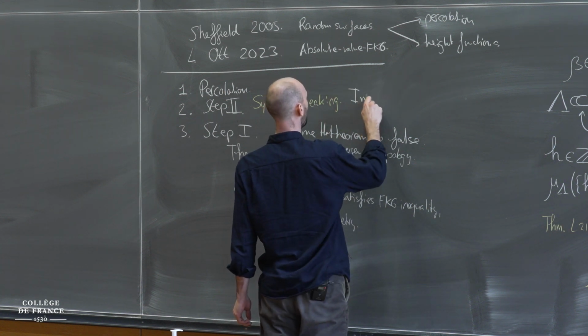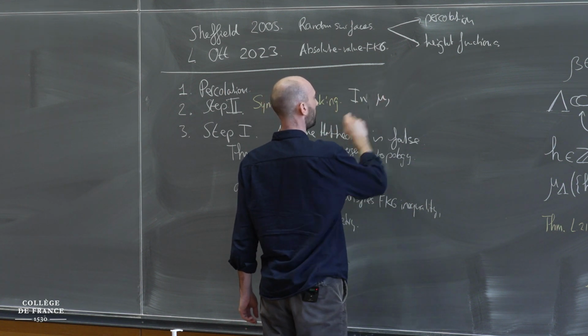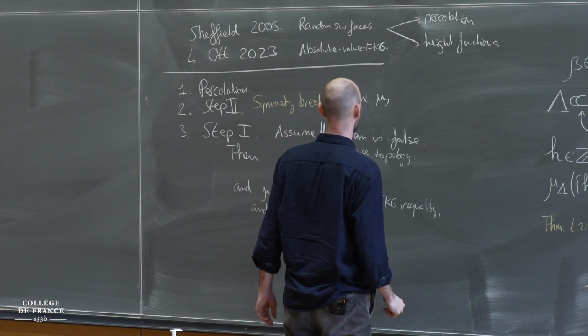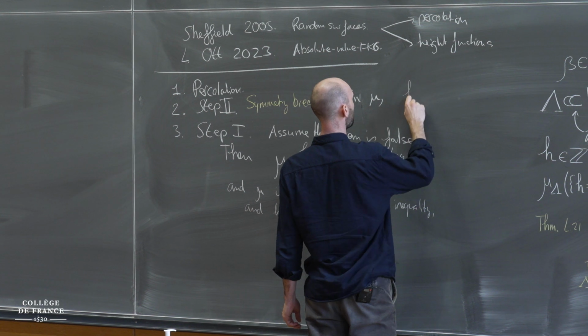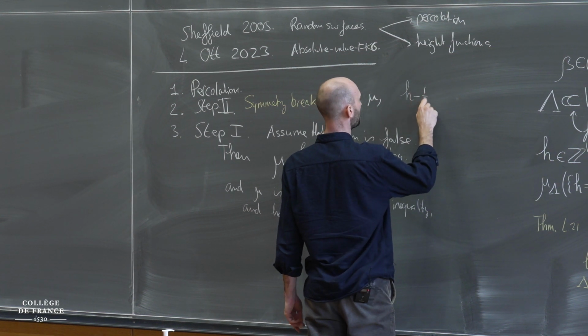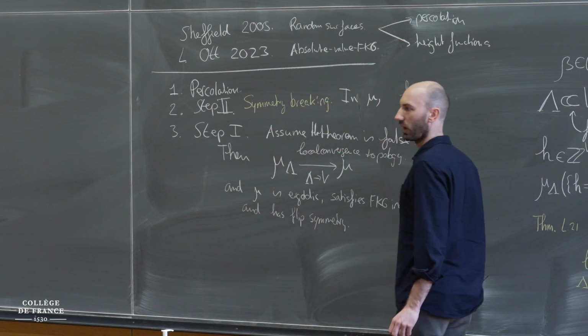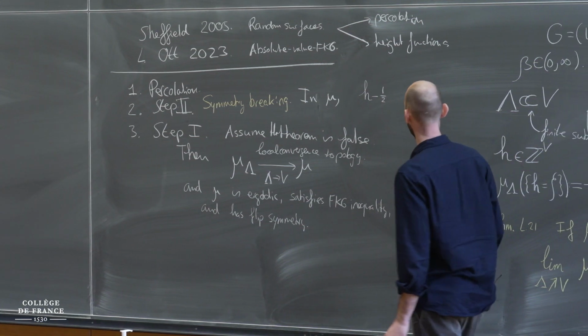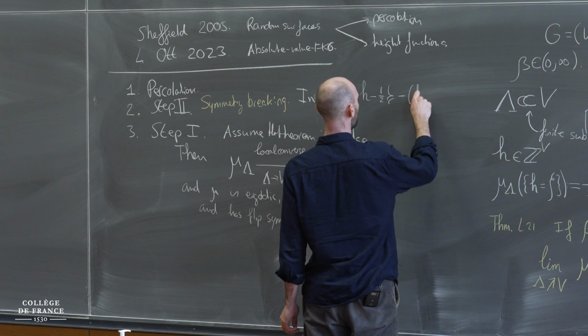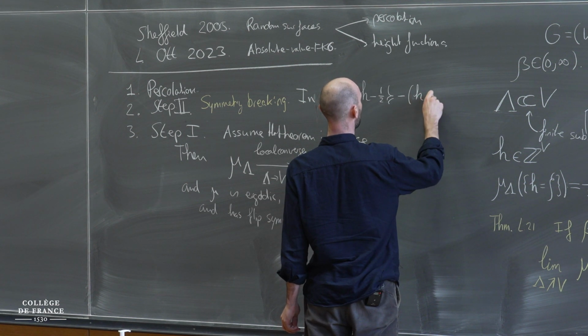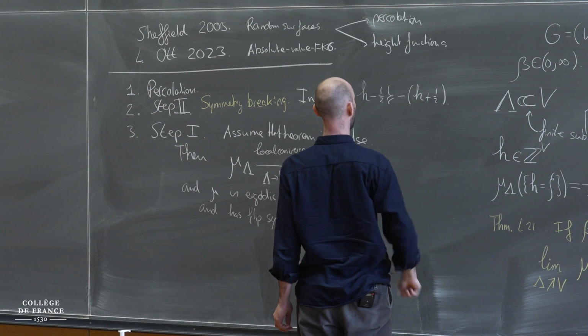In mu, we have the following stochastic domination: if we take h and subtract 1/2, then this stochastically dominates minus h, I think it should be plus 1/2.